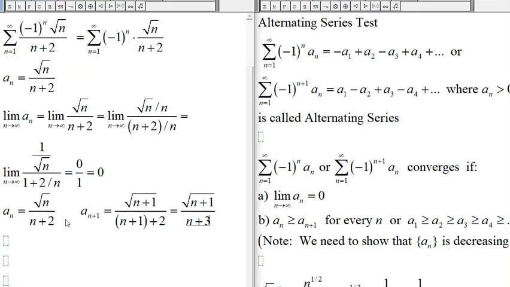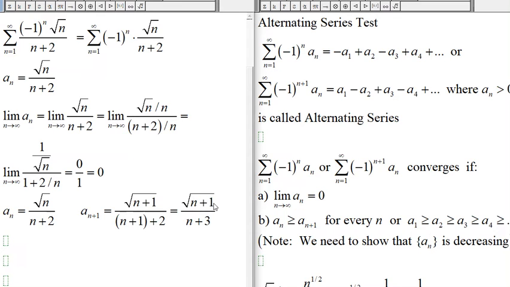And now we can see that this is going to be hard to compare a sub n with a sub n plus 1 here, because the denominators are different, and the numerators are different also. And so it's going to be difficult to compare these directly.